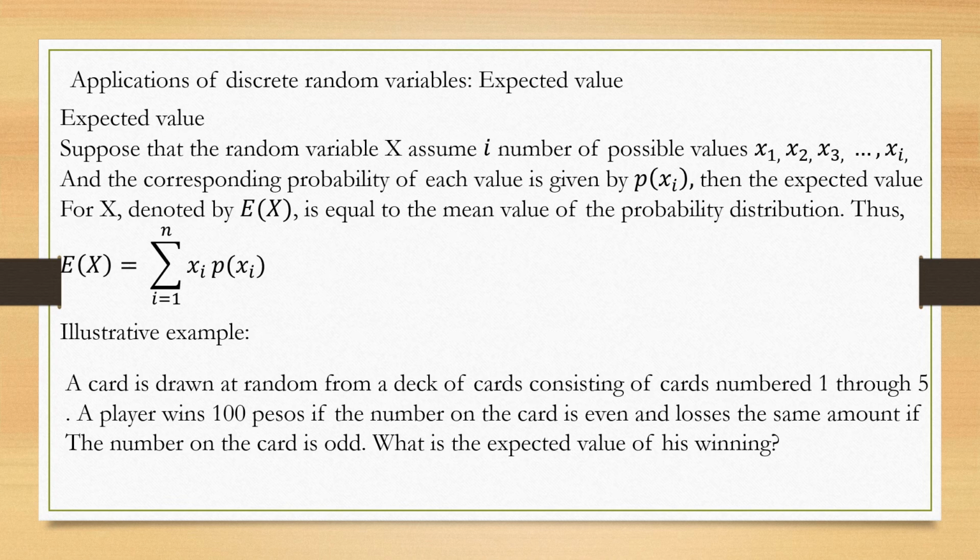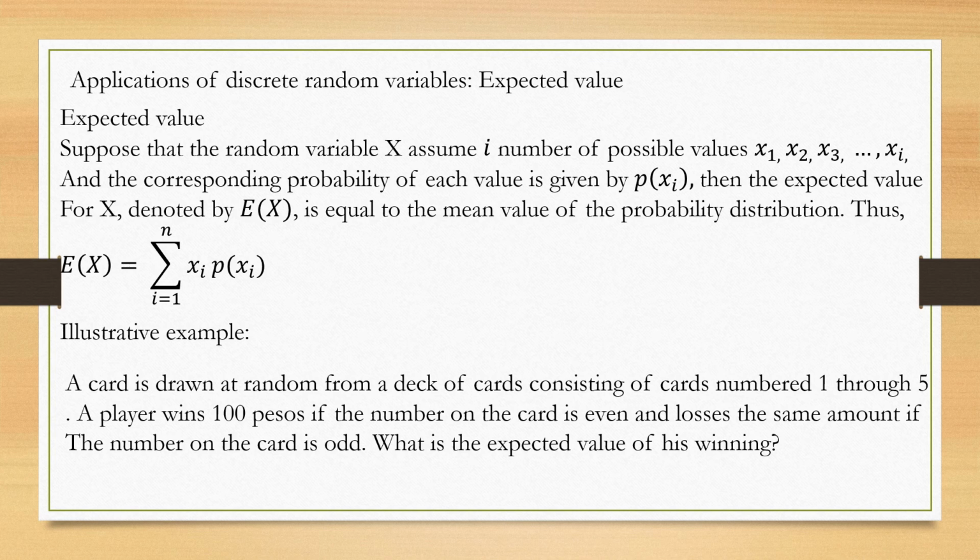We observe that the player will win 100 pesos if the number on the card is even. So first we have to identify the probability that the player will win, which is how many even numbers there are from 1 to 5. So we have 2 and 4, so 2 out of 5. While the probability of losing this game, with the same amount of 100, happens when the number on the card is odd.